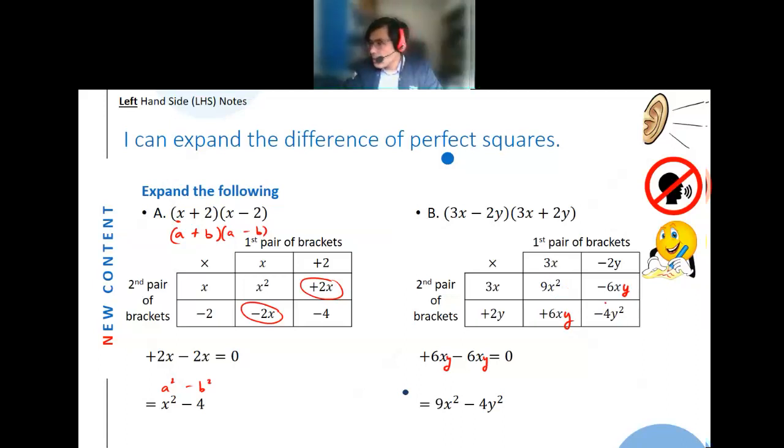Like I said, you can apply the rule from the textbook to go straight from the top here down to here. The 3x is going to be your a, and the 2y would be your b.